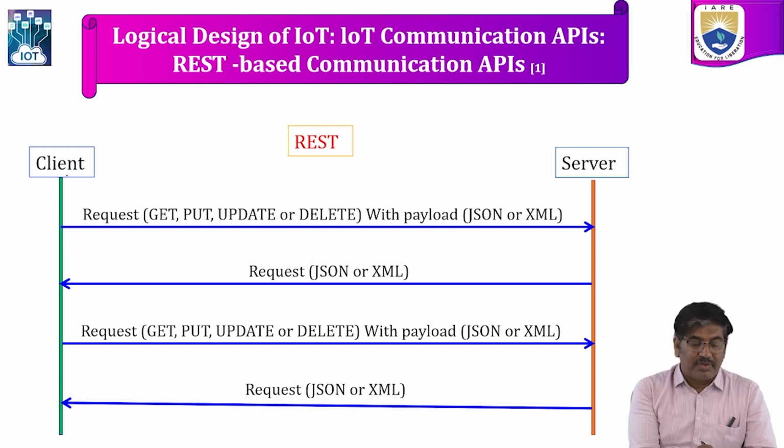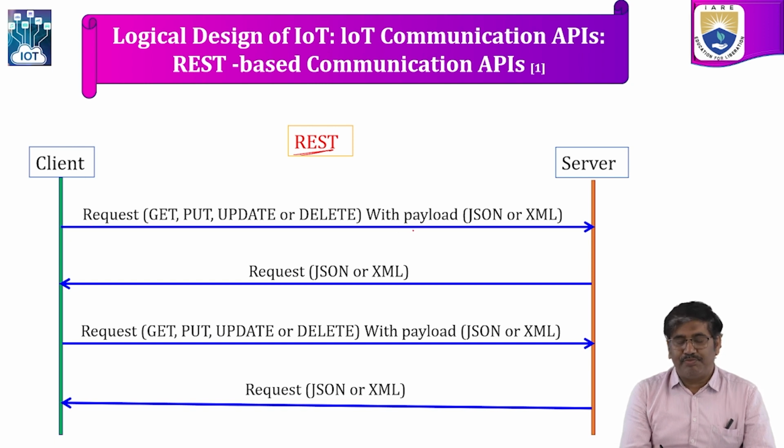In this, client and server communicate with REST APIs. First, the client will send a request with the payload. Here the request can be GET, PUT, UPDATE or DELETE, whereas the payload may be JSON or XML.